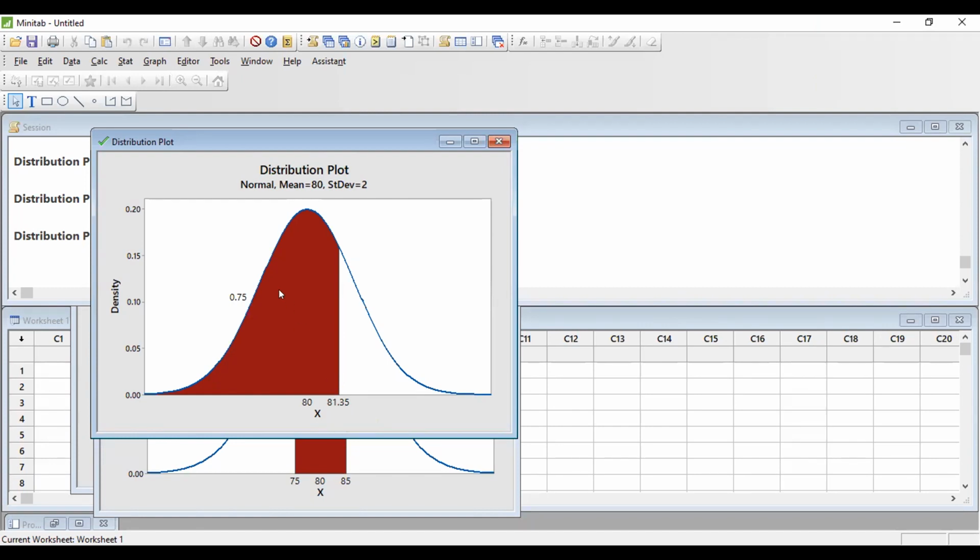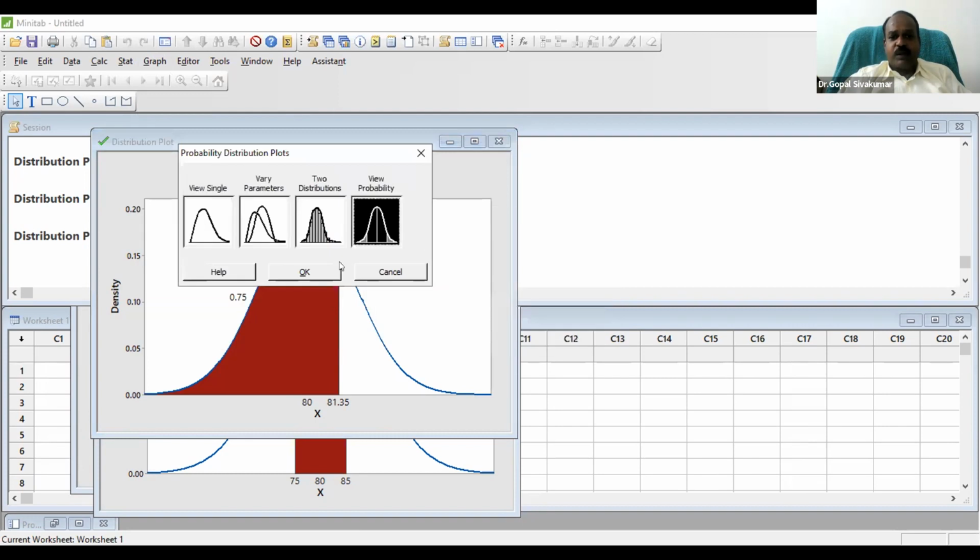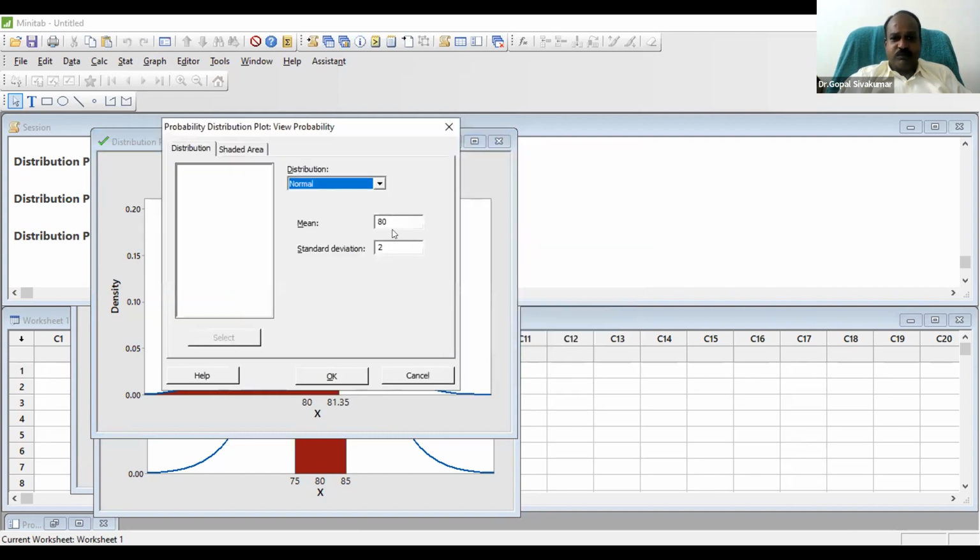Yes, sir. Okay. So similarly, you can do it for quartile 1, quartile 2, quartile 3, or any percentage. Let me show one small percentage by myself. So Probability Distribution Plot, View Probability, and now the mean and standard deviation are the same, Shaded Area.